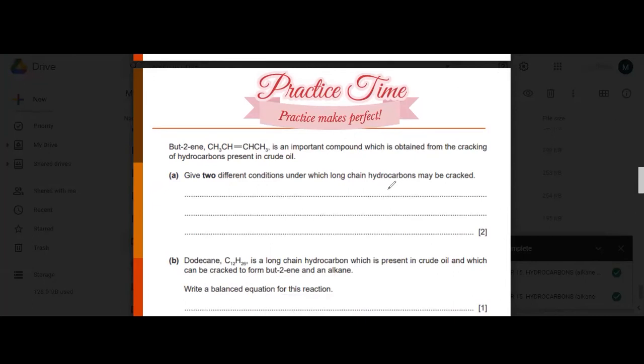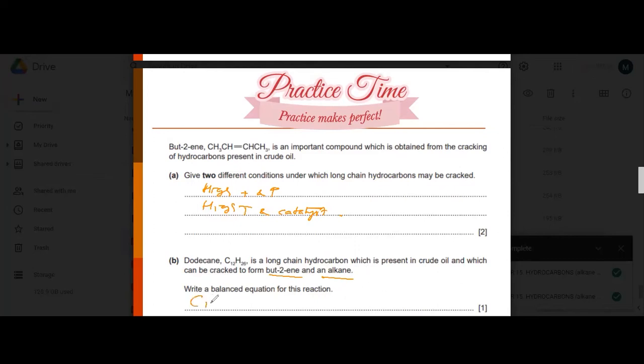Two different conditions under which long chain hydrocarbons may be cracked: first is high temperature and pressure, second is high temperature and a catalyst. Dodecane is a long chain hydrocarbon present in crude oil, which may be cracked to form butene and an alkane. Write a balanced equation for this reaction.